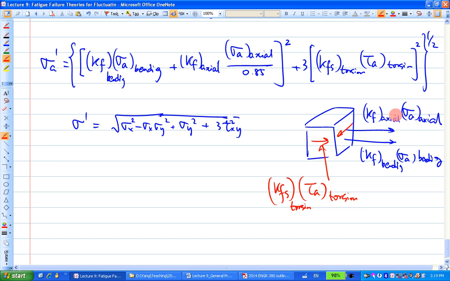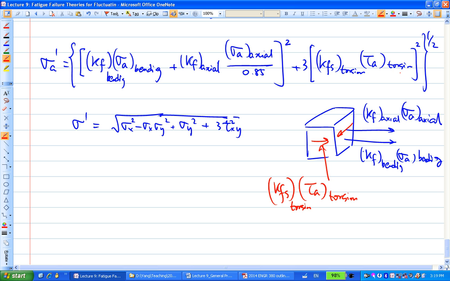The two additions give you that sigma x. For the planar state of stress, sigma y will be 0. So there's only one component here, either sigma x squared or sigma y squared. And you have 3 tau xy squared for sure, right? So that's basically where this formula is from.